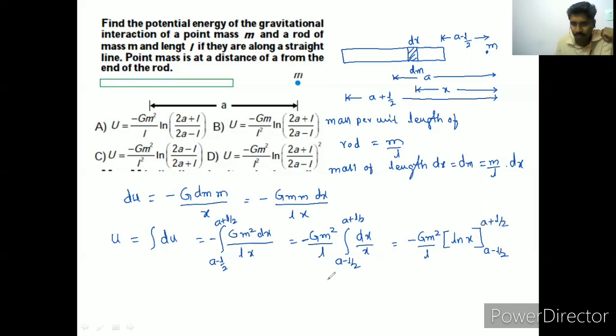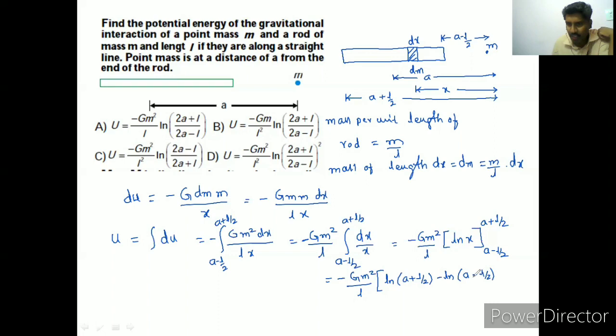Now we substitute the limits: minus G m square by L, upper limit ln of a plus L by 2 minus ln of a minus L by 2.